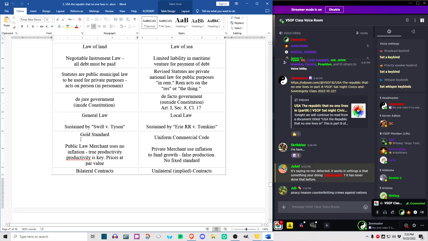This side, you have the gold standard, public law, merchant uses no inflation, true productivity, prices at par value, and nothing ever keeps going up because obviously gold is gold. It's the same. And just to make a point on that, J. Edward Griffin makes a wonderful analogy in his books and in his speeches.